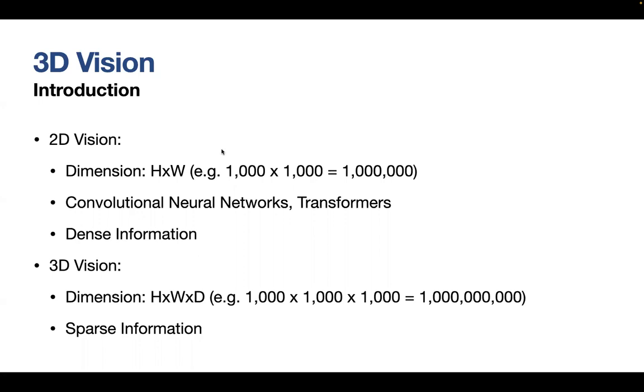I said that in 2D vision, we have very dense information. However, when we move to 3D vision, we have very sparse information. Imagine that we represent a whole indoor scene, a room, as a grid. This grid has a lot of air, so many numbers are going to be zero in the tensor.